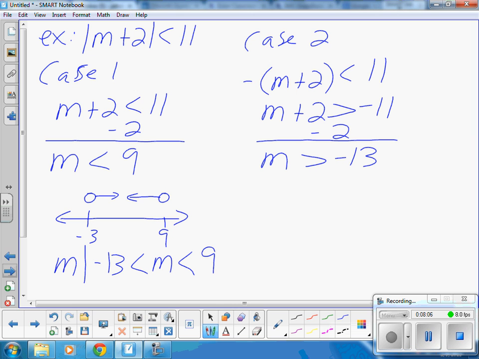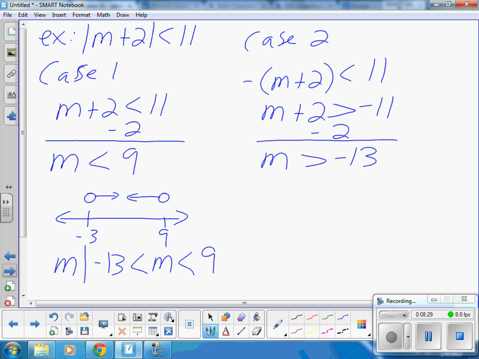Now the question might be, why isn't it like all possible answers? And this is why. When it's less than 11, it needs to be between a negative 13 and 9, because the absolute value of m plus 2 needs to be less than 11.